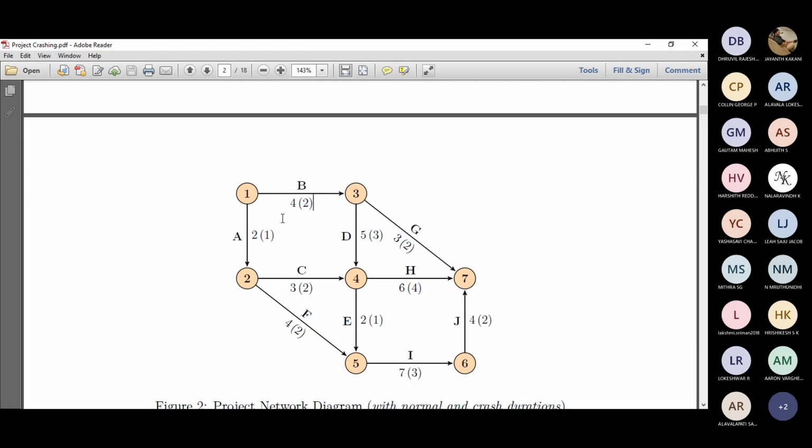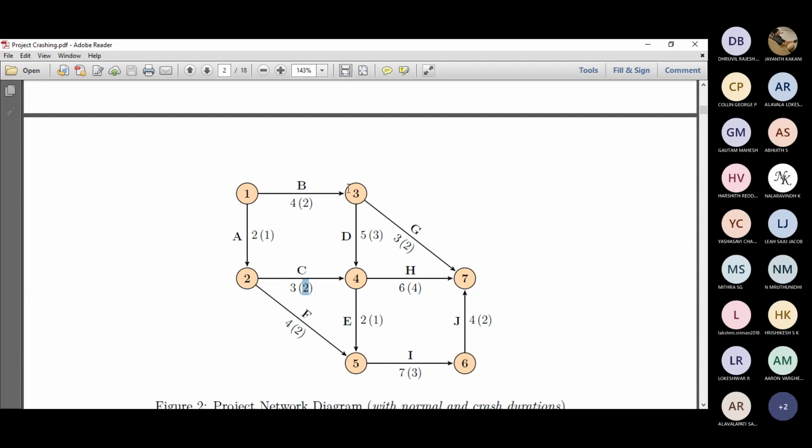But in this problem, we have got normal time as well as crash time. The normal time, which is bigger, we generally provide outside the bracket, whereas the crash durations, which are shorter, we provide inside the bracket. So all the durations outside are normal durations, and the ones given inside the brackets are called crash durations, right?